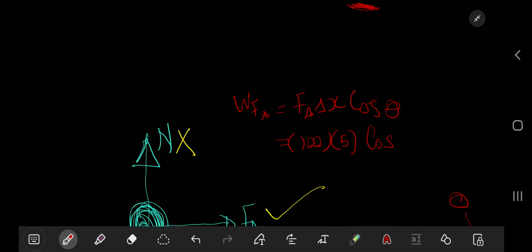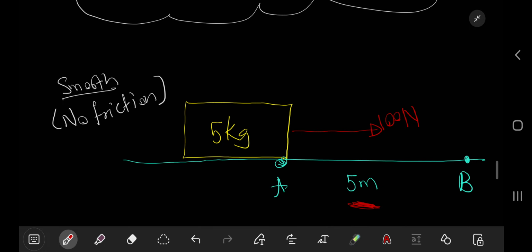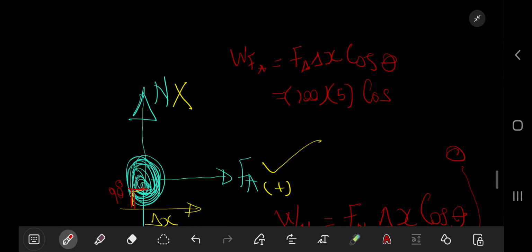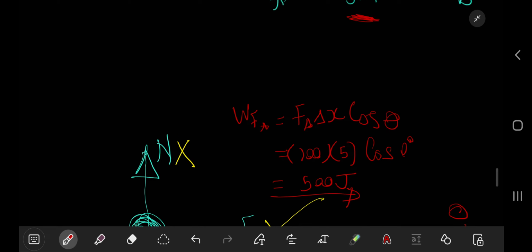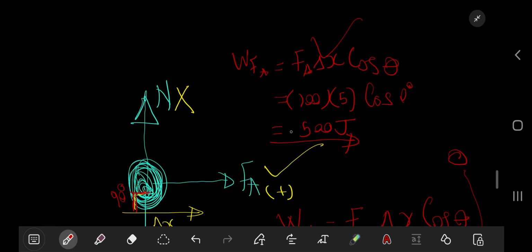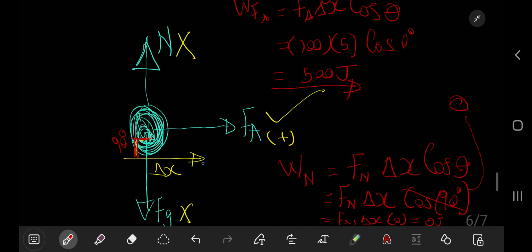Since they are facing the same direction, the angle between the two is 0 degrees, and cos of 0 is 1. So 1 multiplied by 5, which is 5, multiplied by 100 is 500 joules. The work done by the applied force is positive work because it's in the same direction as the displacement.